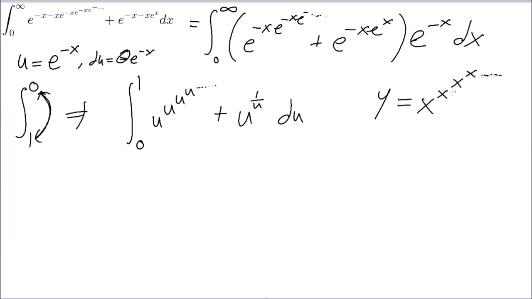Because it's y equals x to the power of x to the power of, and then it just goes on infinitely, technically this whole part is the same thing as this whole part. So what that means is that y is equal to x to the power of y. Okay, technically it's an infinite function.